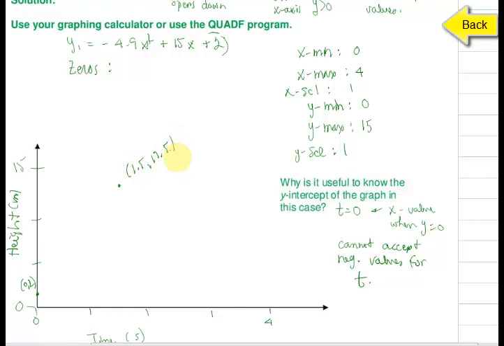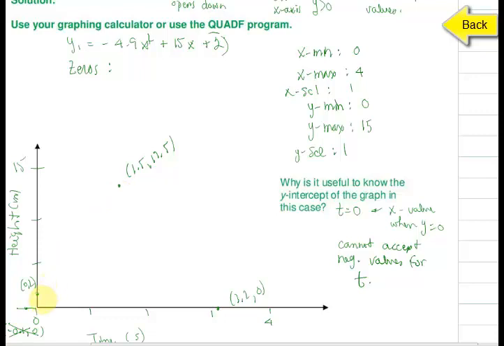Okay, and when you find your 0, you should have a 0 at 3.2. And if you have any of your negative y values showing up over here, you'd have another 0 at negative 0.1 and 0. But you know that you would discard that one, right? Because you can't have negative time, so that one is out.